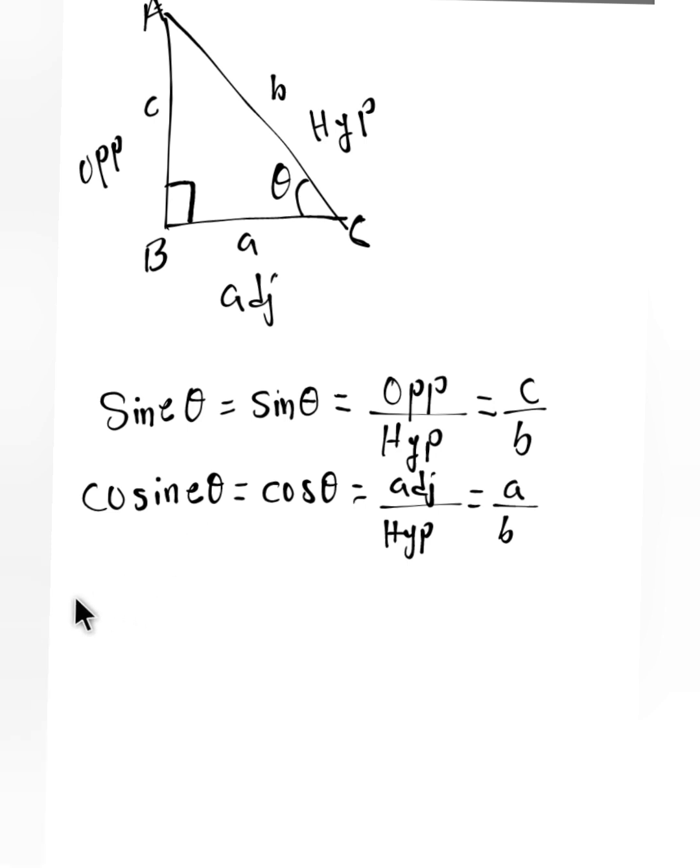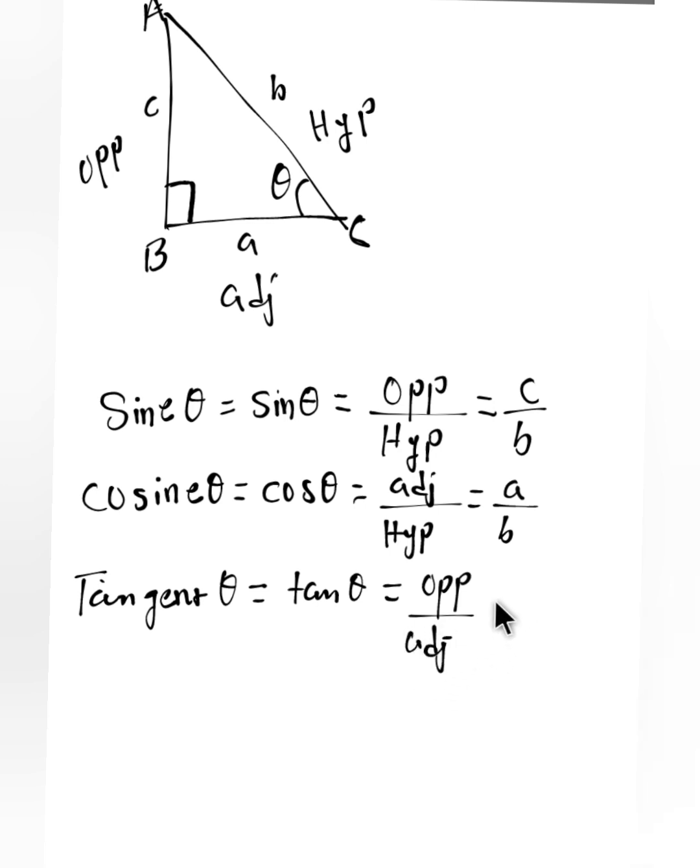Then we have tangent of theta, which is represented as tan theta, and is equal to opposite over adjacent. And this is equal to opposite c over adjacent a. Hence, tangent of theta is c over a.